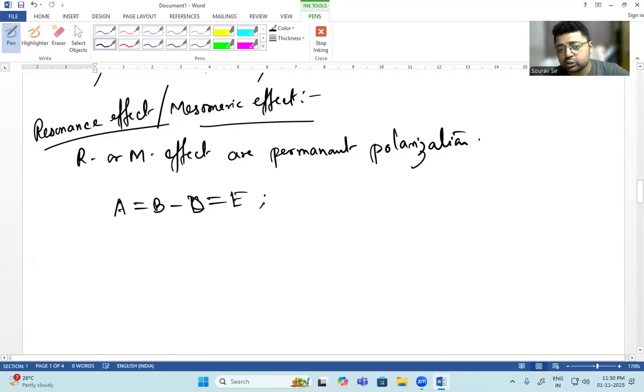Now who will show this type of effect? Who will show that I am donating electrons? If I have extra electrons, like lone pairs, then after completing my octet, I have the ability to donate my electrons.